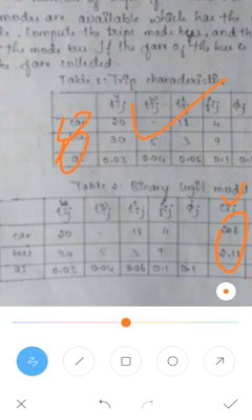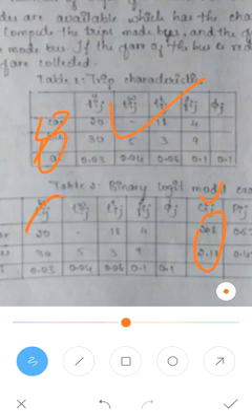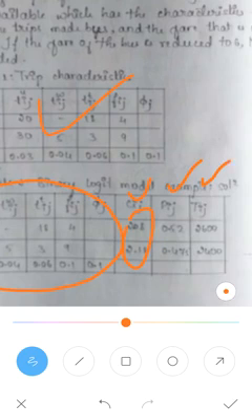I will tell you how you get this value. All the values till here you got directly from the question, but these three columns you have to calculate. The first one is the cost of the travel by the car and the bus. These two values you have to calculate.